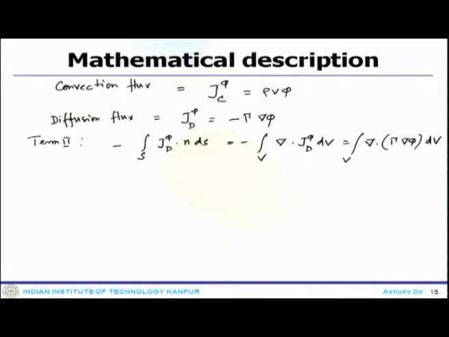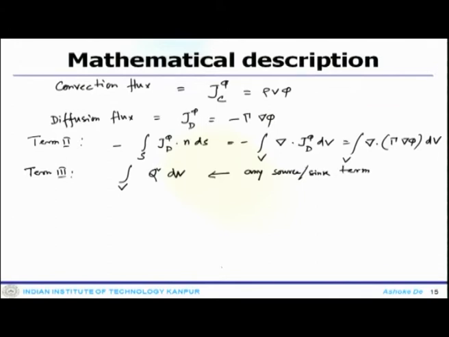Okay. And term 3 is the source term essentially. So over the control volume you write Q dV. This could be any source term, source or sink term. So it is in the general notation.